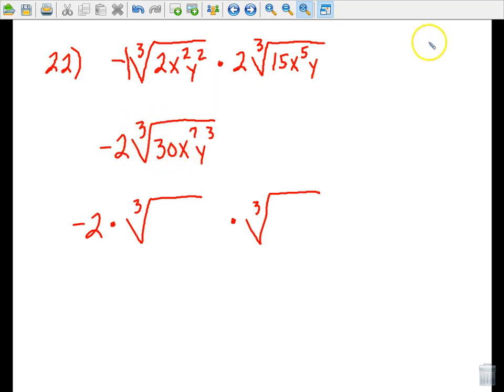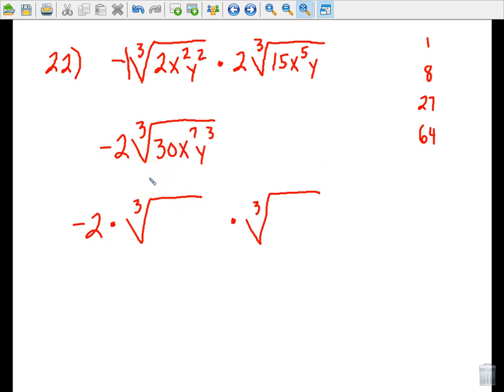Looking at our perfect cube numbers, we'll just make a quick list again like we did in class today. Of course 1, and then the next perfect cube number is 8. That's 2 cubed, or the cube root of 8 is 2. 3 cubed is 27, or the cube root of 27 is 3. Well, my next perfect cube number is 64, and that's bigger than 30.